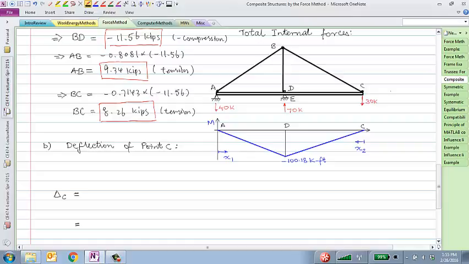Go ahead. Okay, as we just discussed, the virtual system will just be the same as the real one, but scaled by 1/30. Let me just write it here.